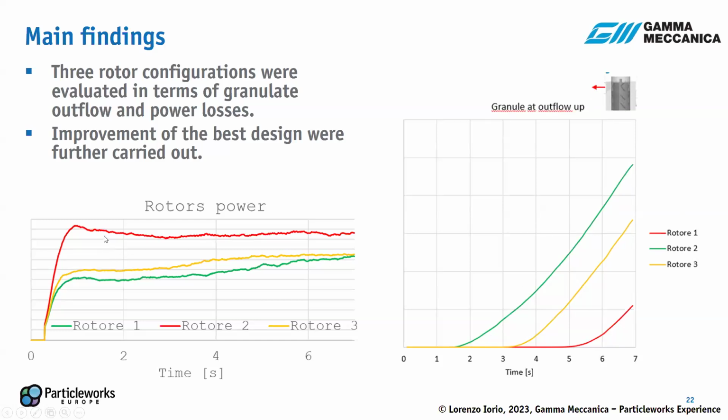At the same time, we could monitor the rotor power consumption, because of course the geometry will impact that. At the end, they could optimize both of these outputs and choose the best rotor design among three.